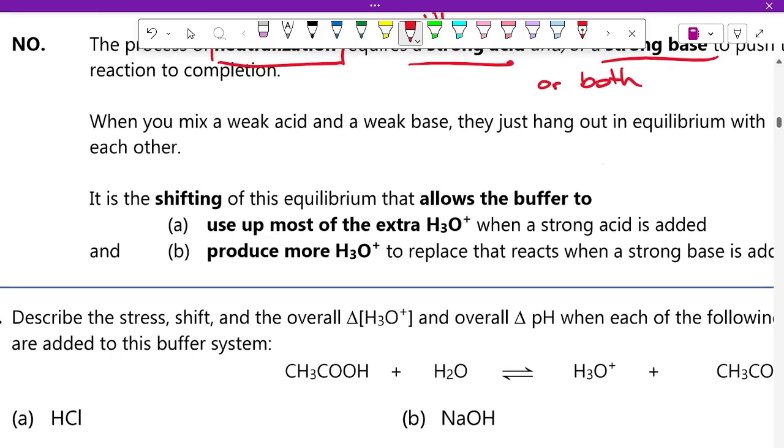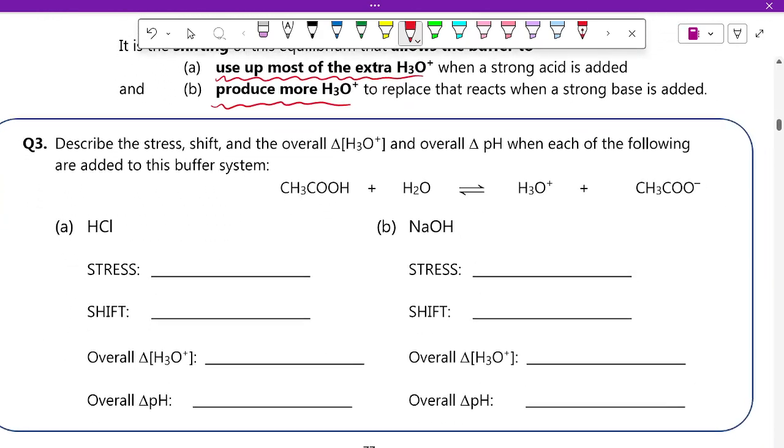And this equilibrium allows the buffer to use up most of the extra H3O+, or to produce more H3O+ when a strong base is added. So describe the stress, the shift, and the overall change in concentration of H3O+, and the overall change in pH when each of the following is added to the buffer system.